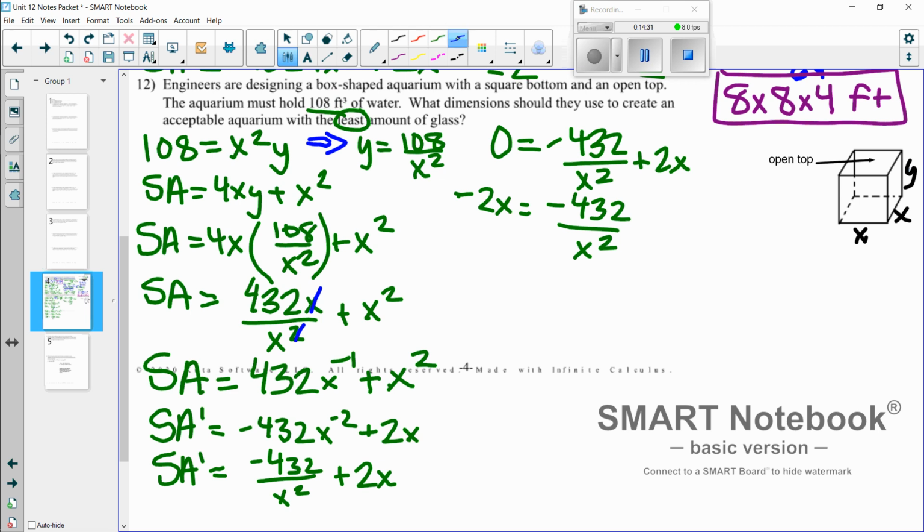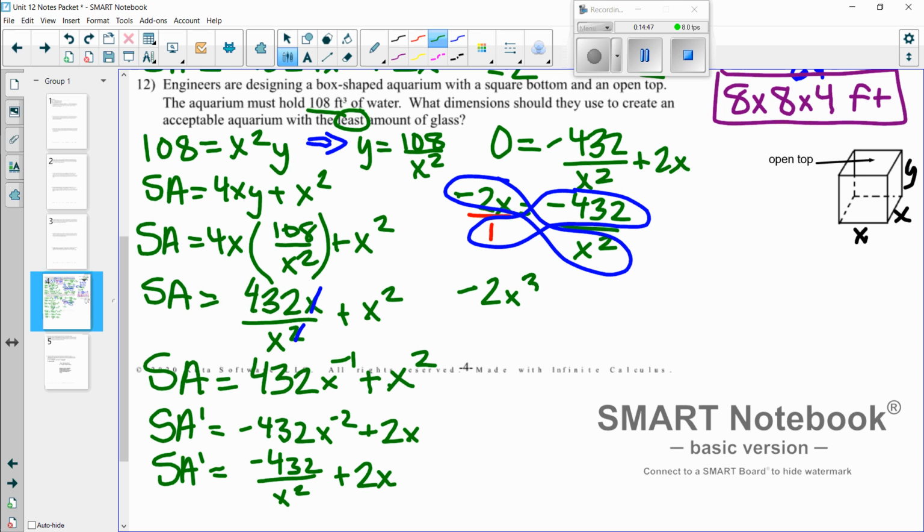Now throw that negative 2x over 1 so we can cross multiply and solve for x. So we're getting negative 2x times x squared, and we're getting 1 times the negative 432. I'm going to keep my x term on the left side, so negative 2x to the third equals negative 432.